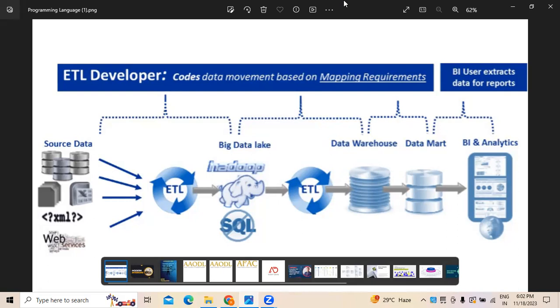In reference to that, ETL development plays a vital and important role. ETL in full form stands for extract, transform, and load. ETL development is what we do from a developer's perspective.